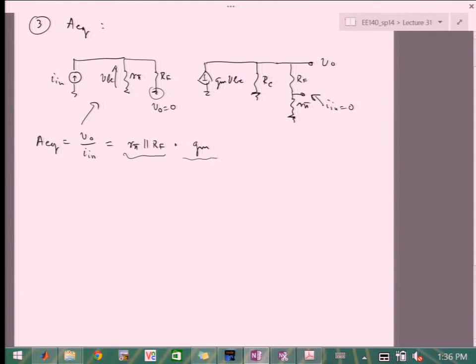This is the second term, or I would say minus GM, times, and then again we have the resistive divider, RC over, or in this case actually we're just going to do the parallel. So RC in parallel with RF plus R pi. So this is again the third term. And this is normally the load, but in this case, this load is in parallel with feedback loading.